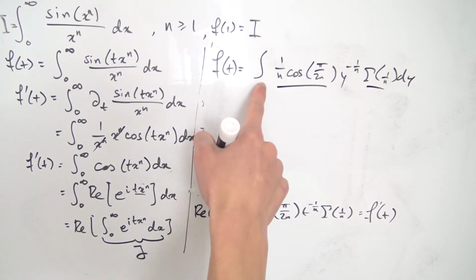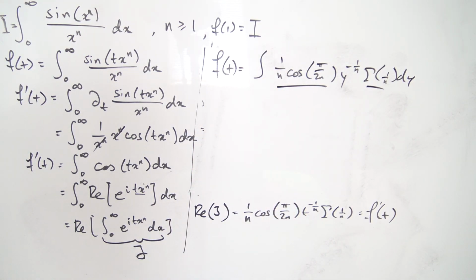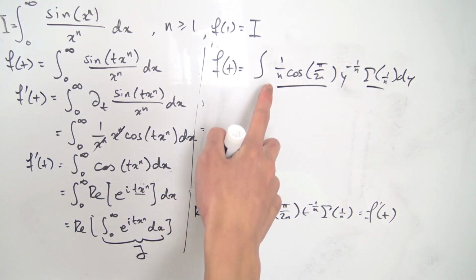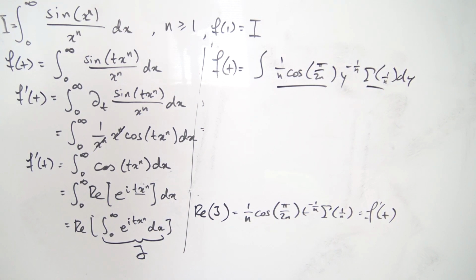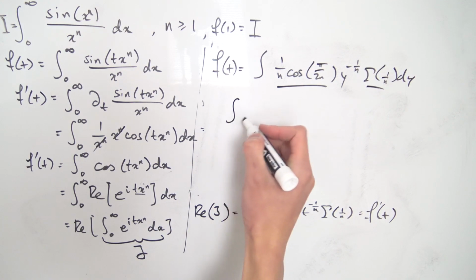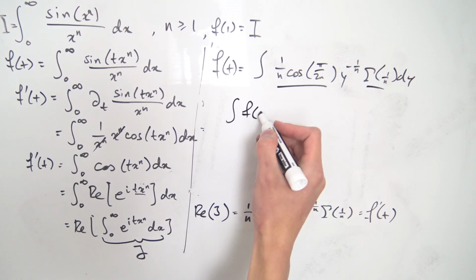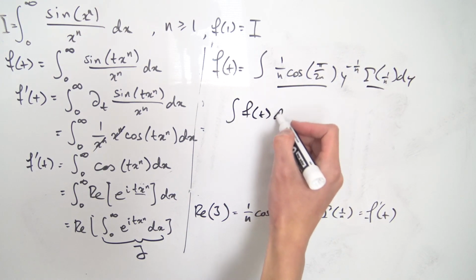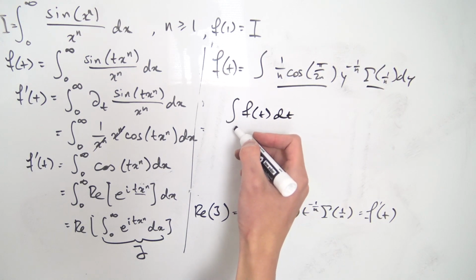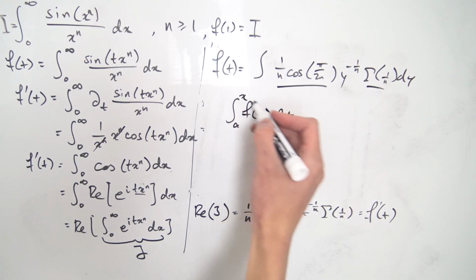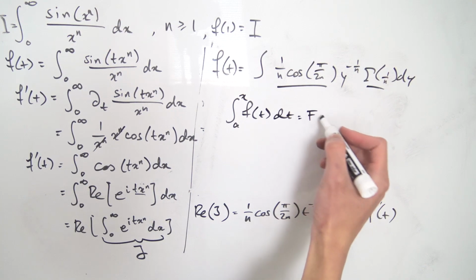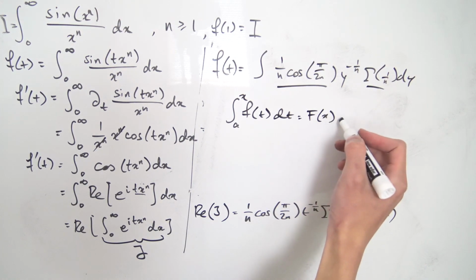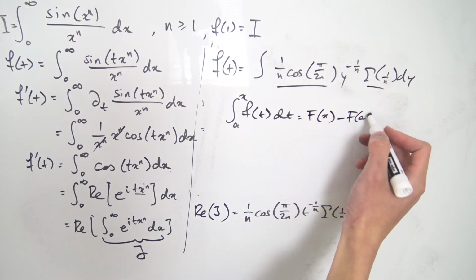Before I do that, let's just figure out the bounds of this integral. And you might be saying, well, why do we need bounds? We're just taking the antiderivative of this thing. The reason is because I want to figure out the initial conditions and everything all in one go. So if you have the integral of f of t, for example, dt, and you evaluate at some bounds a to x, well, that's exactly the primitive function, so f of x minus f of a.